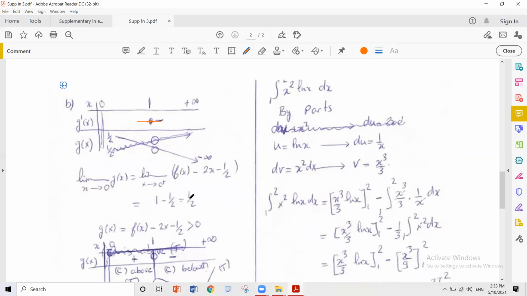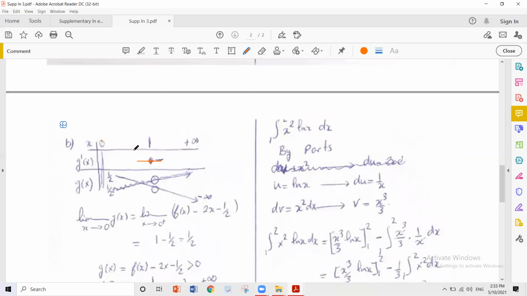Now how to study the position between the curves? What's the sign of gx? Who can tell me about the sign of gx? We notice here between 0 and 1, G is decreasing from half to 0.